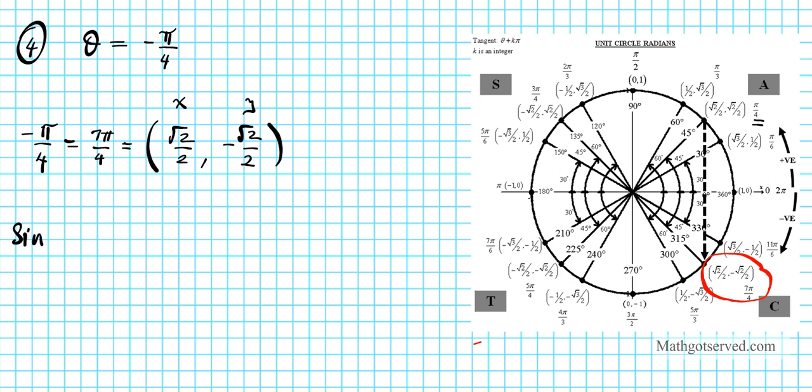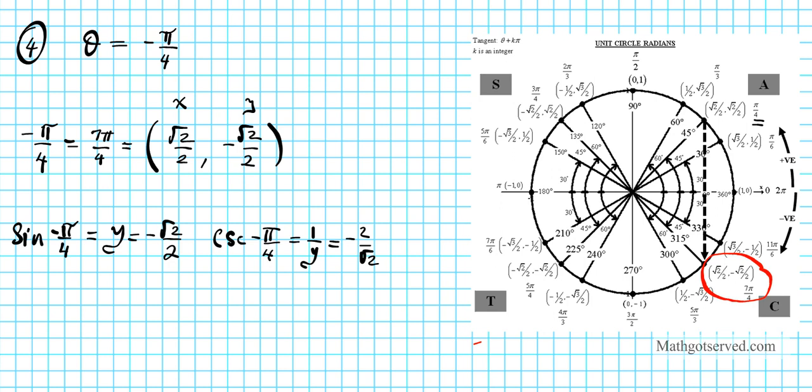Sine of negative pi over 4, using your unit circle ratios, is the y coordinate. The y coordinate here is negative root 2 over 2. Next thing we need is the cosecant. Cosecant of negative pi over 4 is 1 over y, or we can just reciprocate this, which is negative 2 over root 2.